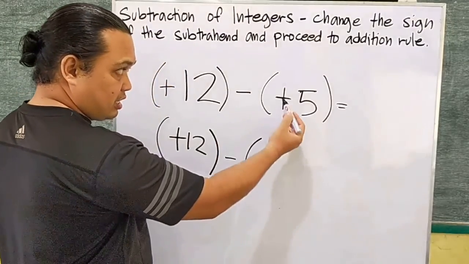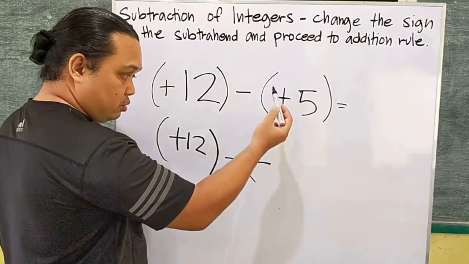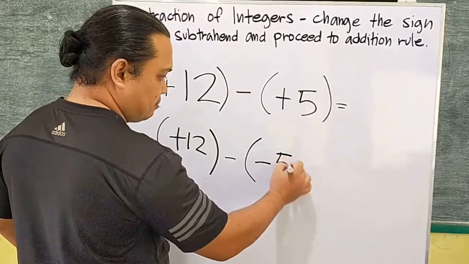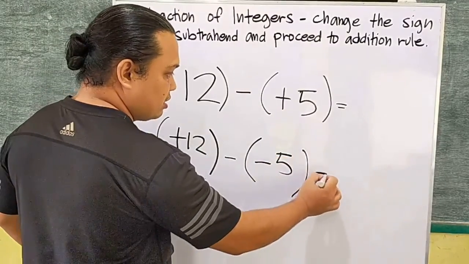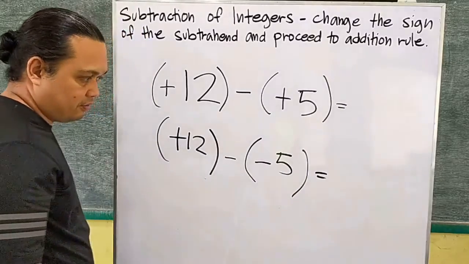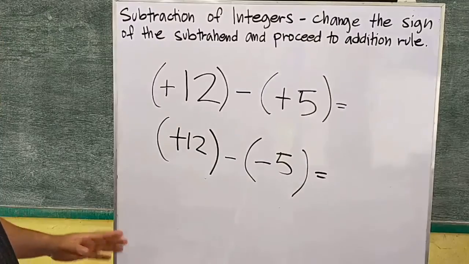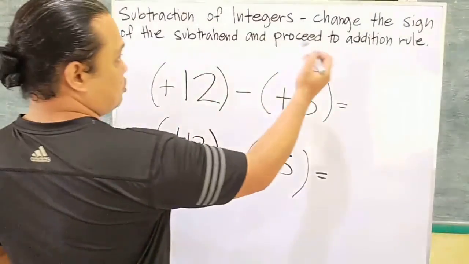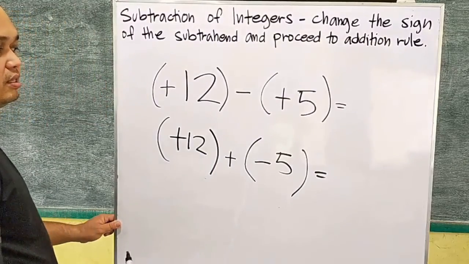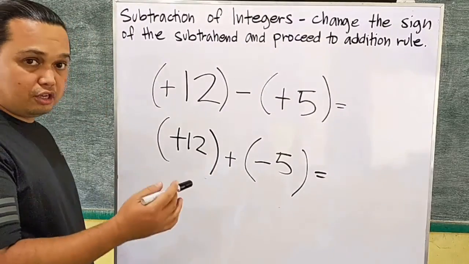So we have to change the original sign of positive into negative, and copy 5. Meaning, positive 5 here becomes negative 5, because that's the rule. And proceed to addition.